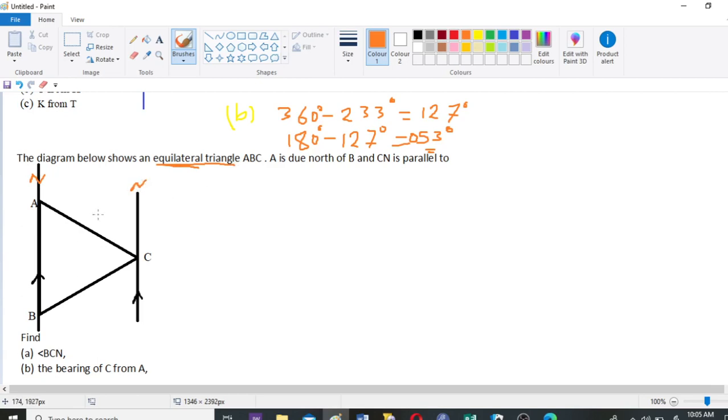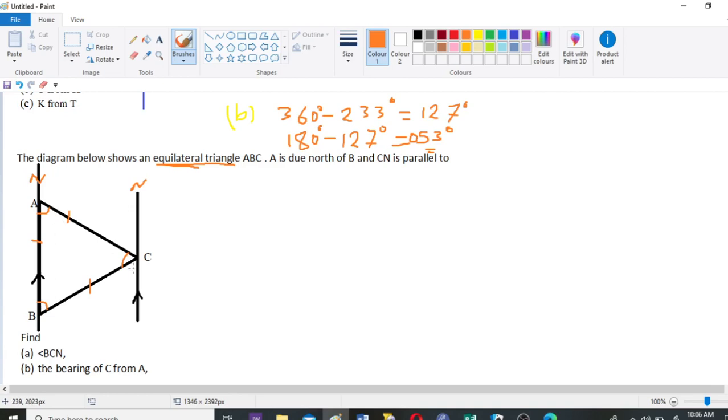So you remember that an equilateral triangle has all sides equal, right? And since all sides are equal, all interior angles are equal. From the proof that I did in the first class, we proved that the interior angles of a triangle add up to 180.